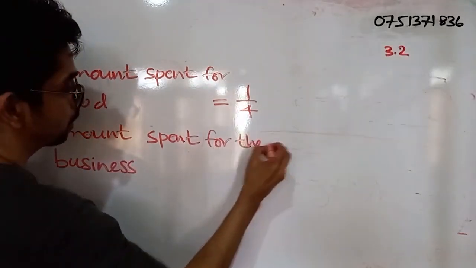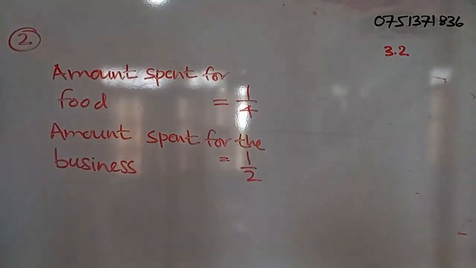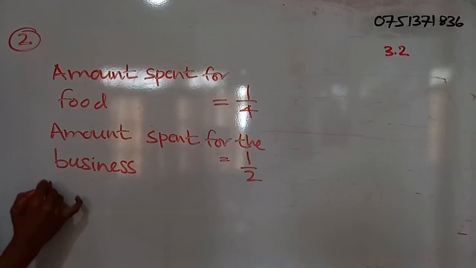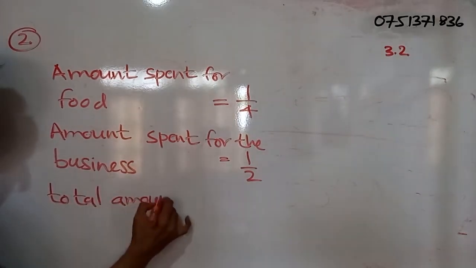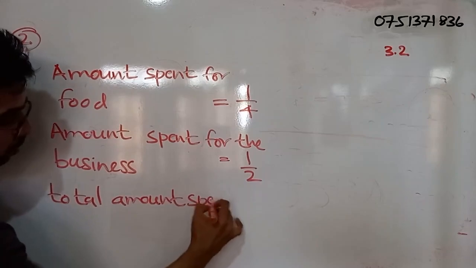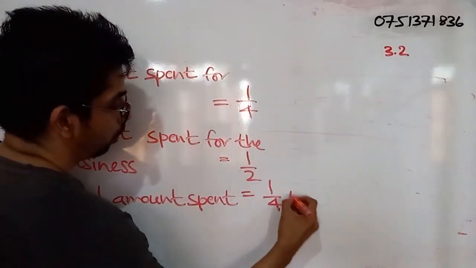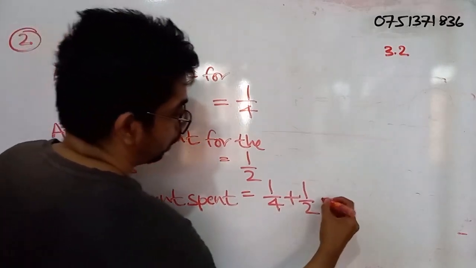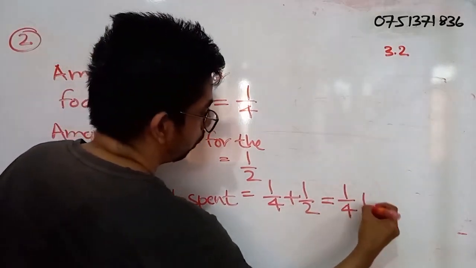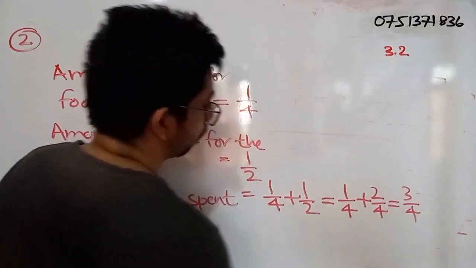Amount spent for the business. That is what? 1/2. Okay. Total amount spent. That means what? 1 by 4 plus 1 by 2, right? Equals 1 by 4 plus 2 by 4 equals 3 by 4.